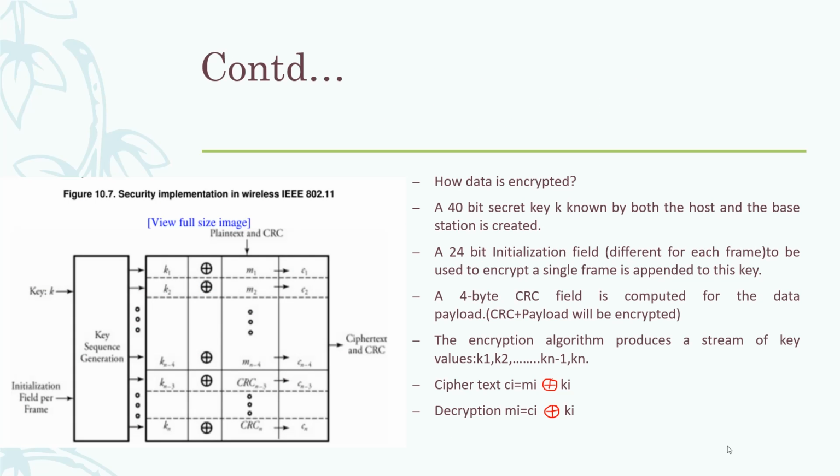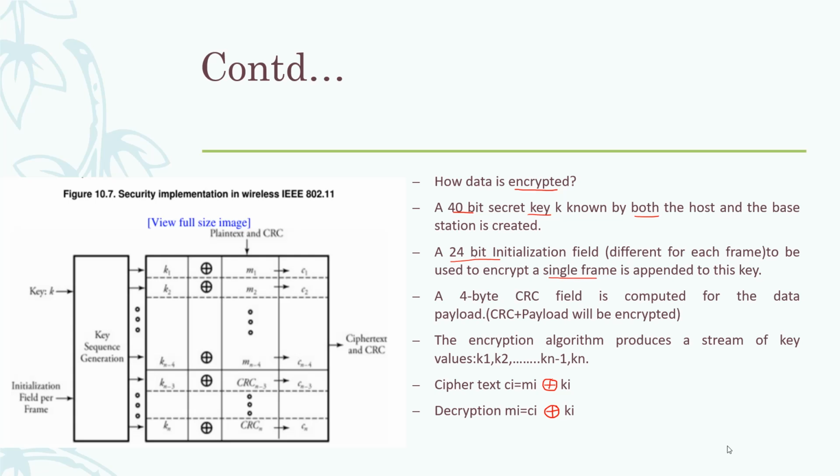How data is encrypted is shown in the diagram. First a 40-bit secret key K, which is known by both host and the base station, is created, and a 24-bit initialization field, different for each frame and used to encrypt a single frame, is appended to this key.